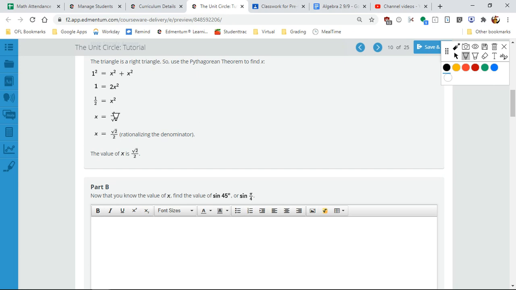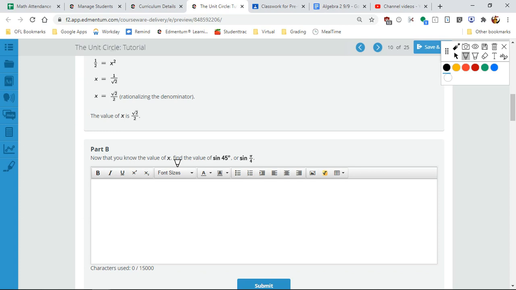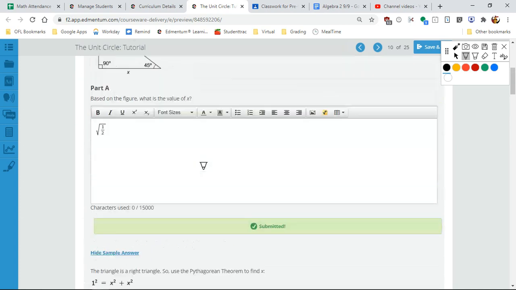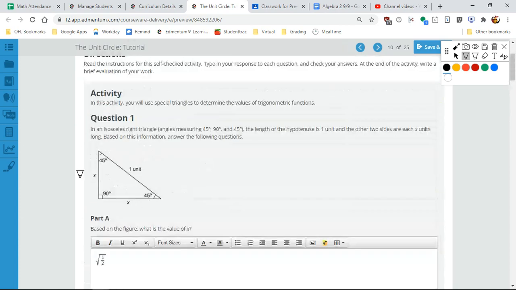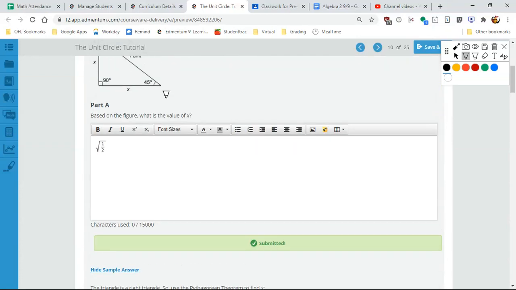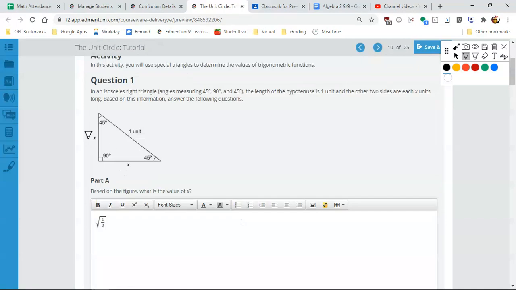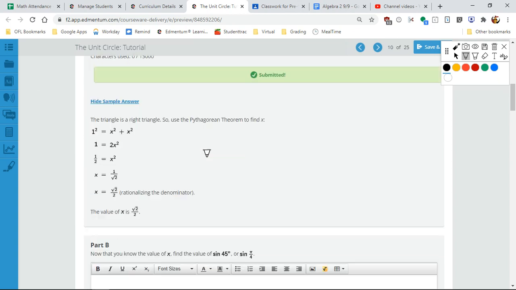All right, so what we're going to do here is what is the value of x at 45 degrees? So at 45 degrees, our answer is going to be square root of 2 over 2. So cosine is talking about the opposite. So our opposite is square root of 2 over 2 because we said this was a square root of 1/2, which is the same thing as square root of 2 over 2.